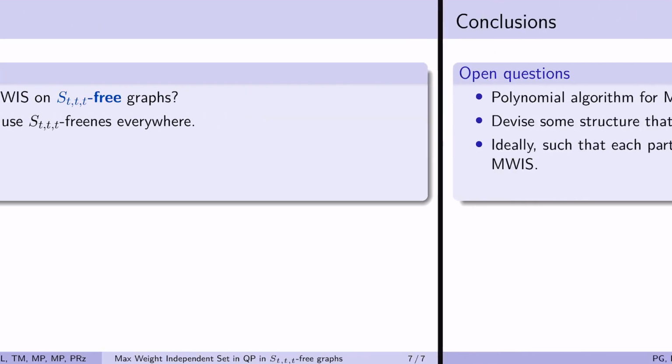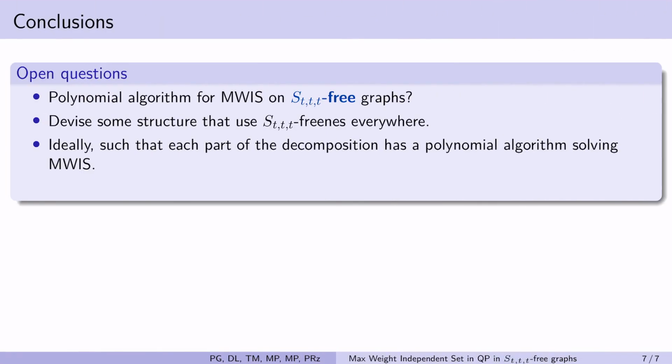So that would be good, and ideally if such a structure admits some polynomial time algorithm solving maximum weighted independent set of those small parts, then this might be a way to obtain a polynomial algorithm. But of course we don't know anything yet about PT3 graphs, and for them we didn't even need to use any complicated structure in the first place.